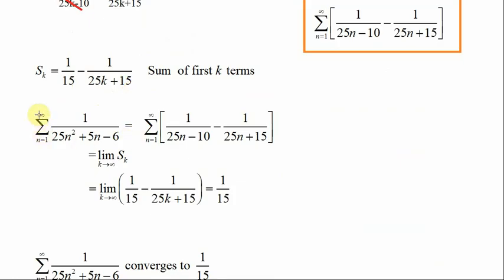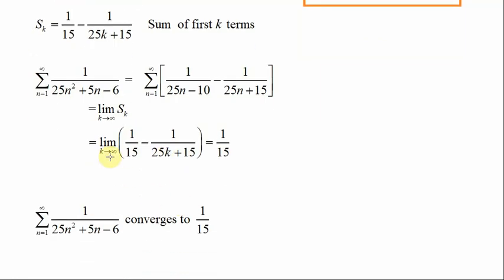This original infinite series is the same as the limit of s sub k as k approaches infinity. So once again, the sum of the first k terms, and if we allow k to run to infinity, then we get the infinite series. But s sub k is 1 over 15 minus 1 over 25k plus 15.